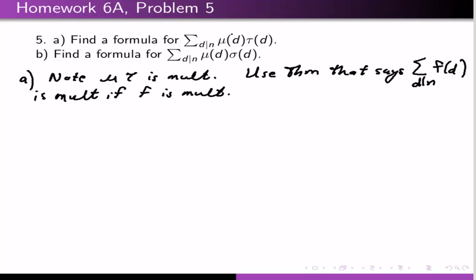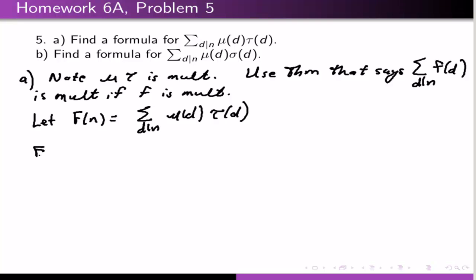And so then call this quantity f of n, just let f of n be the sum in question. So you're going to say, well, that's a multiplicative function, so I just have to evaluate it at prime powers.